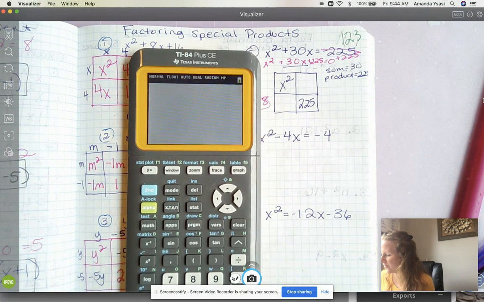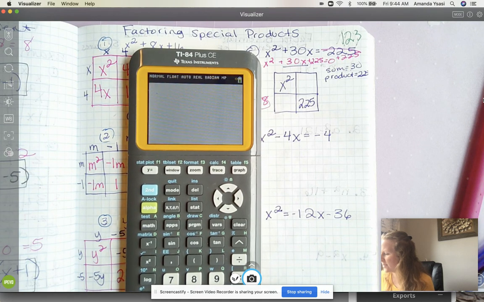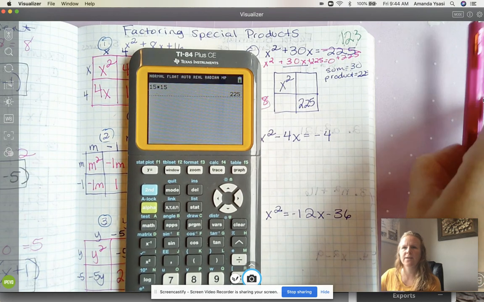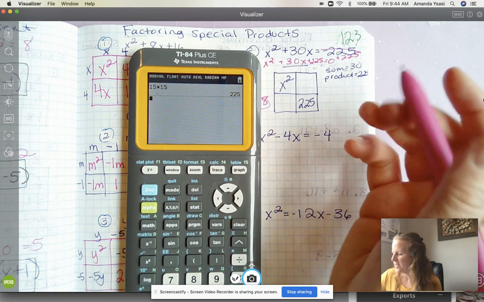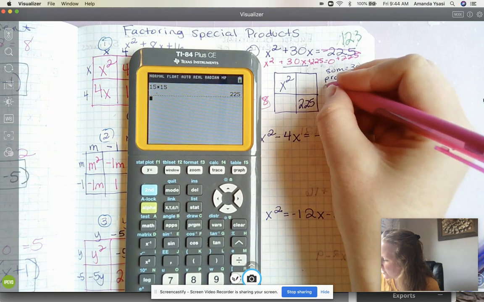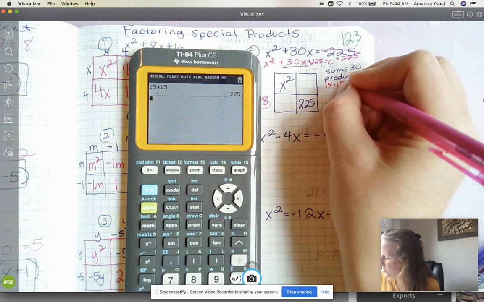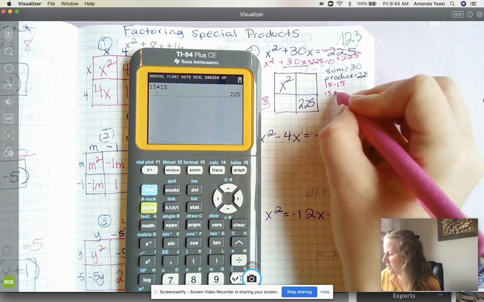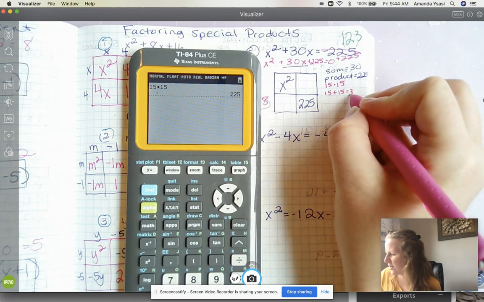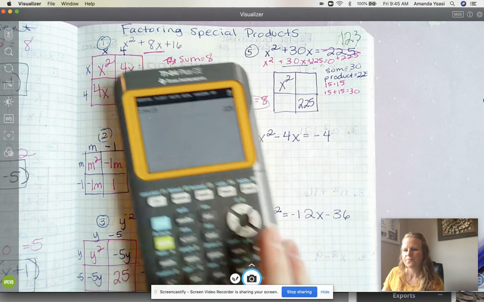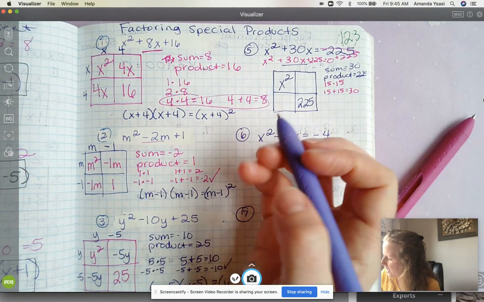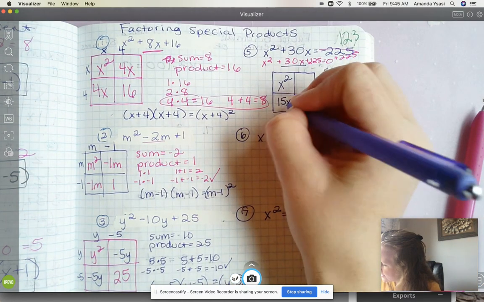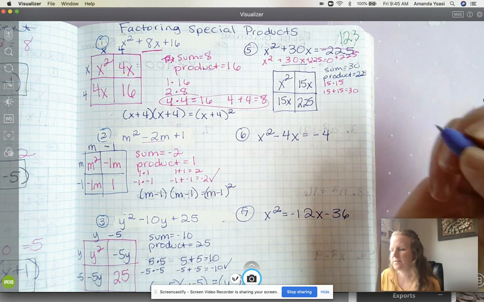225 divided by, let's see, it's a perfect square, right? Because it's 15 times 15. You may not know that, but now you do. So this is actually 15 times 15 gets 225, and 15 plus 15 gets 30. So then I can write here 15x and 15x.